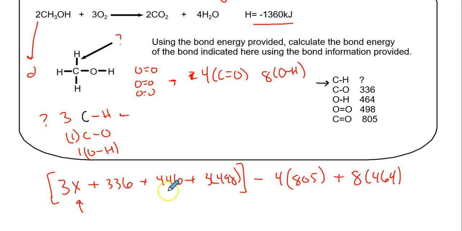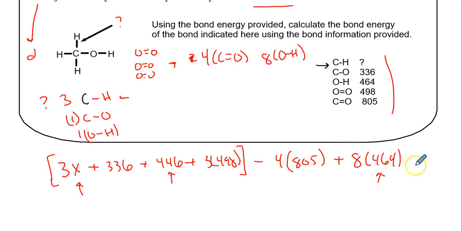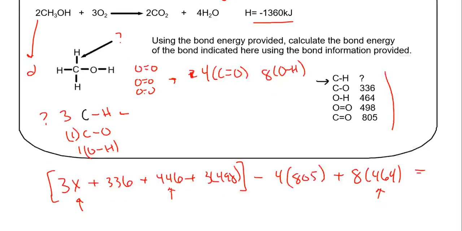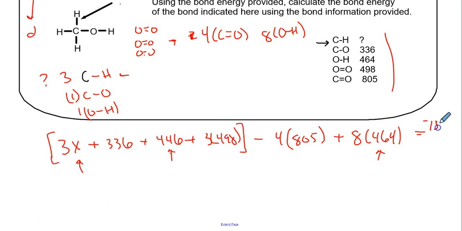Now you notice you do have one on both sides, and you could obviously cancel that. The only things that really would be included are the things that are actually broken. So they may not give you a piece. If they don't give you a piece, it's because it's not broken or it's not formed, or they want you to find it. So at this point, we're going to stop the video here, and this equals the delta H, which is going to be negative 1360.